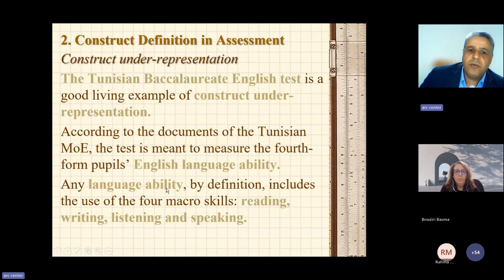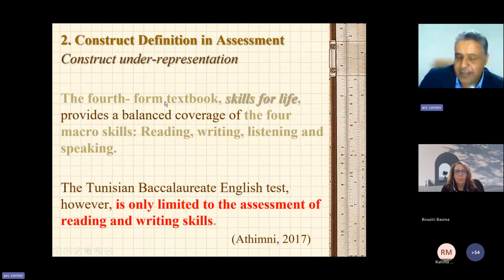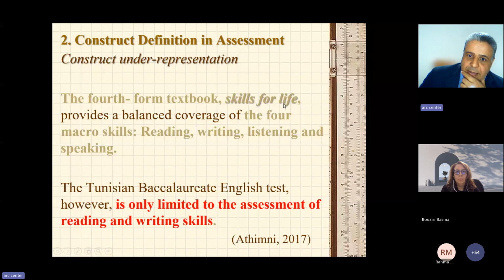If we analyze the fourth form textbook, Skills for Life, and I did that analysis in addition to the other books used for the baccalaureate, it also provides a very balanced coverage of the four macro skills: reading, writing, listening, and speaking.